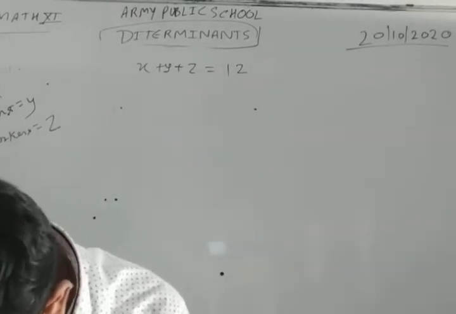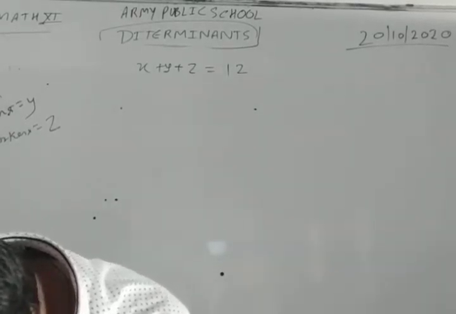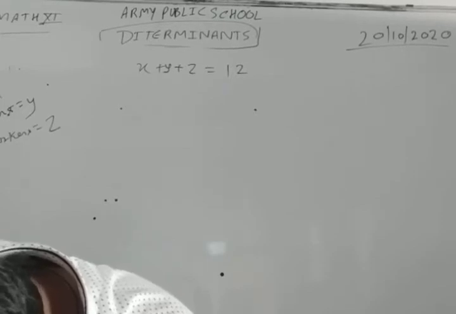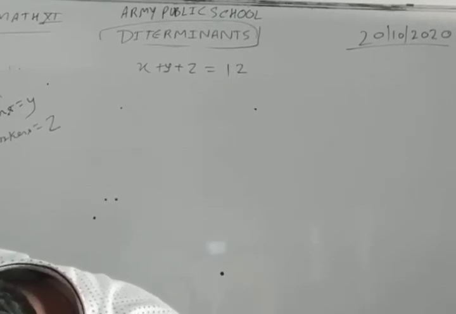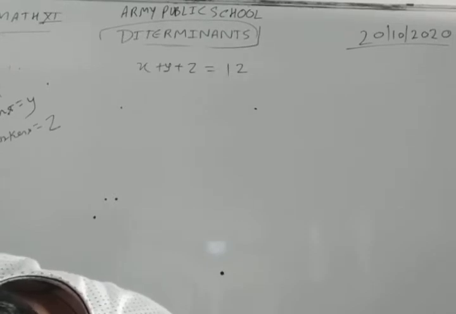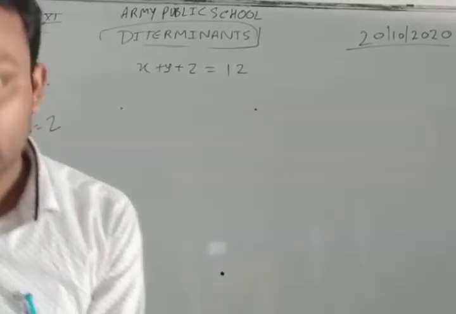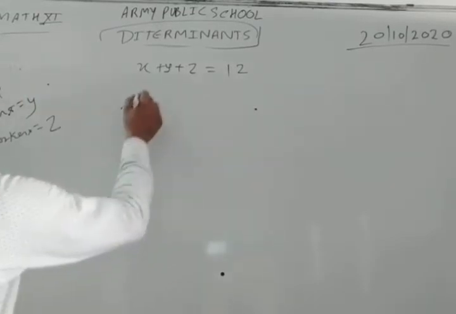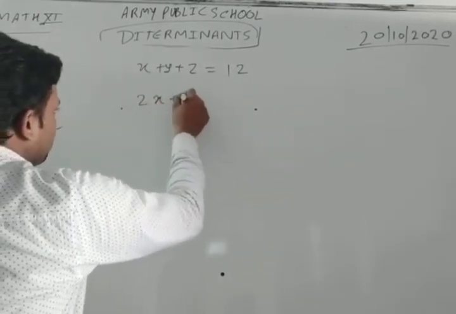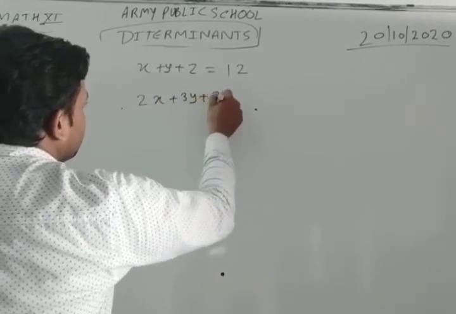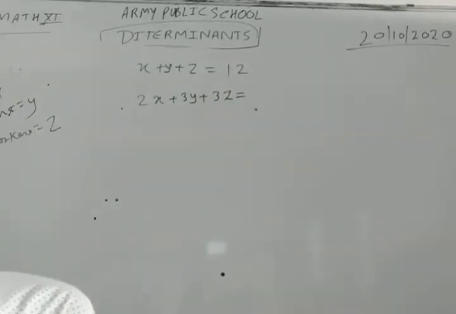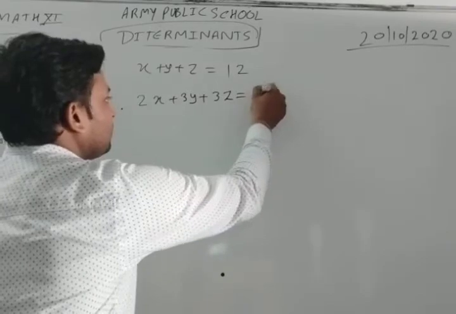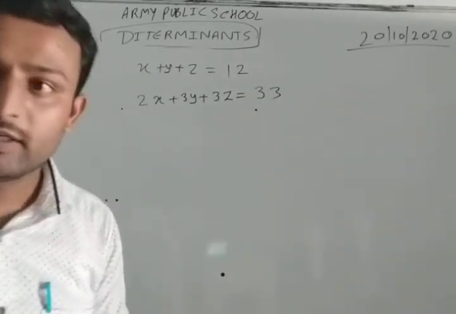And the second condition is 3 times the sum of awardees for cooperation and supervision added to 2 times the number of awardees for honesty. So the second equation is 2x plus 3y plus 3z is equal to 33. Okay.